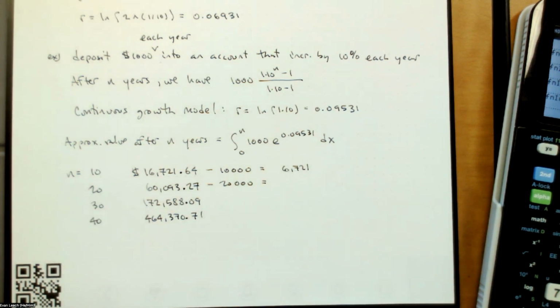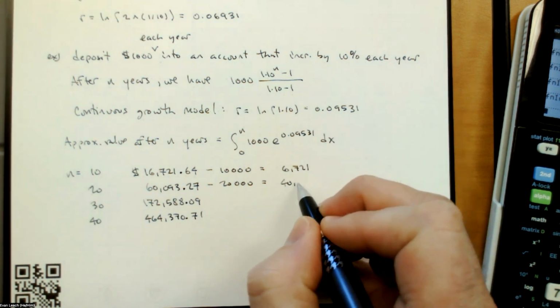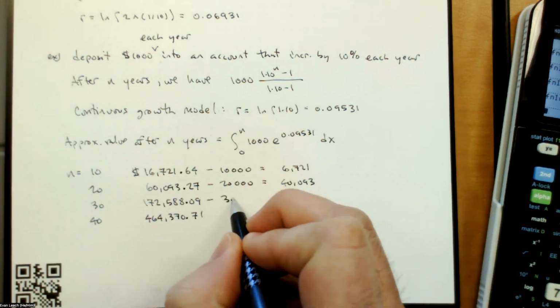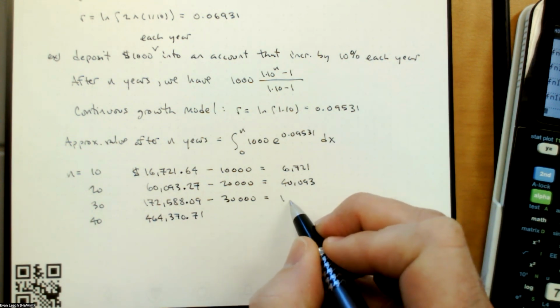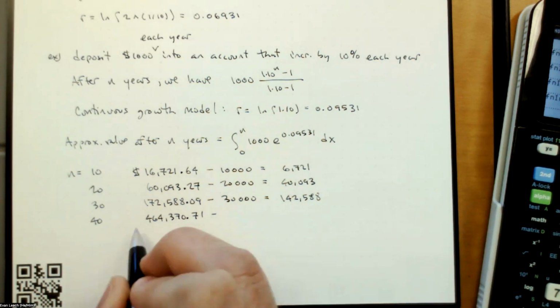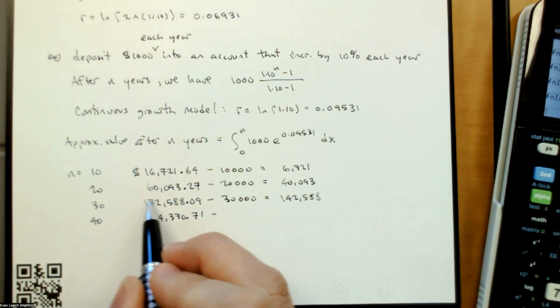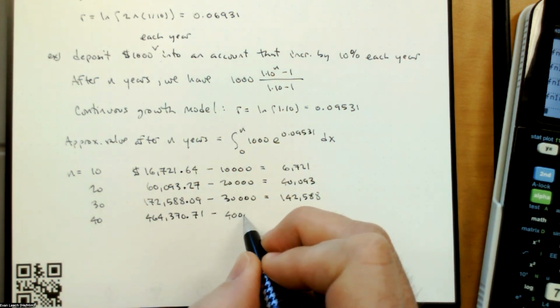We have doubled the amount that we put in total, but now our growth is $40,000. If we subtract off the $30,000 that we put in at this point, it's a growth of $142,000. And here, even though this total is almost more than twice as much as the 30 years, we've still only put in another $10,000.